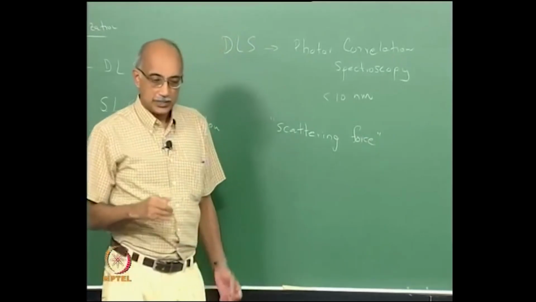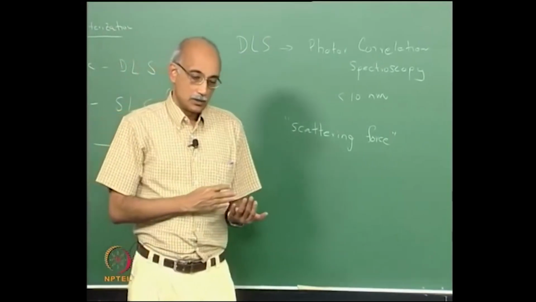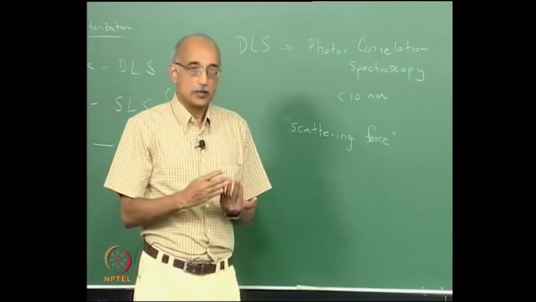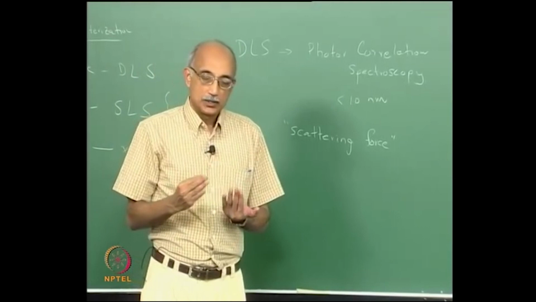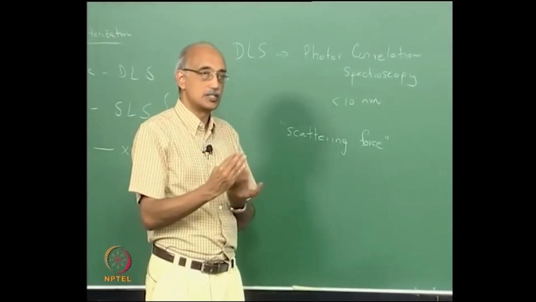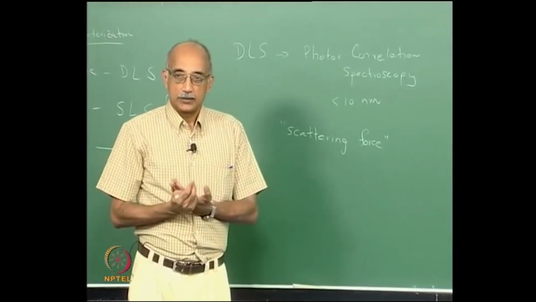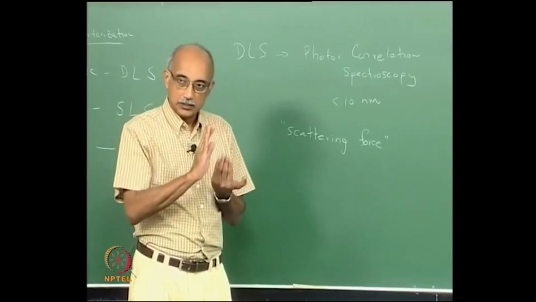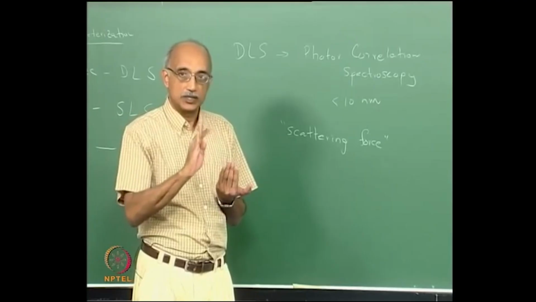So, as particles experience incident light and therefore scatter the light, they are simultaneously also dissipating momentum, and therefore they have a tendency to move in the direction of the incident light.